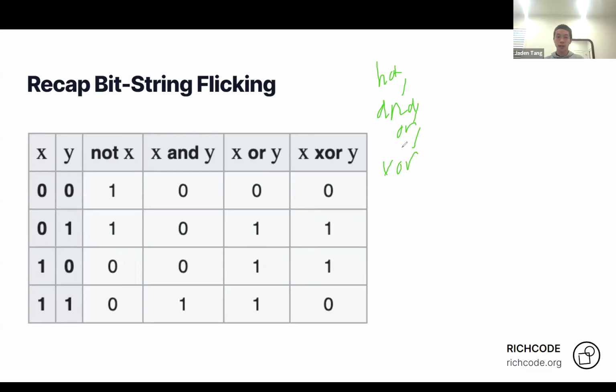OR is true as long as at least one of the elements is true. XOR is true only if, given two elements, they differ. There is no such thing for three, so for XOR with three we have to do A XOR B and then XOR C. That's how we would do it with three.